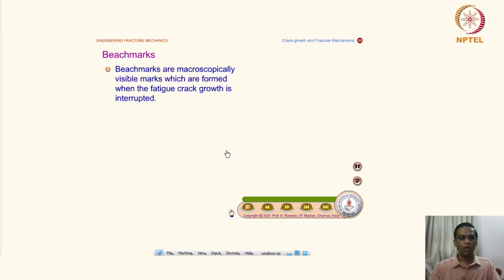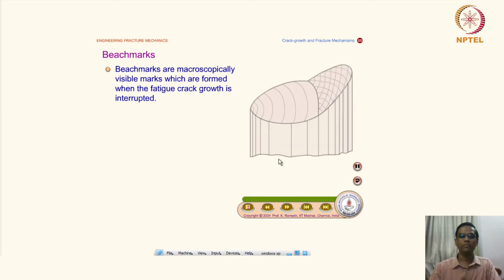Then there is something called beach marks, also a signature of crack growth and fracture. Beach marks are macroscopically visible marks which are formed when the fatigue crack growth is interrupted. And then how do we sketch them?